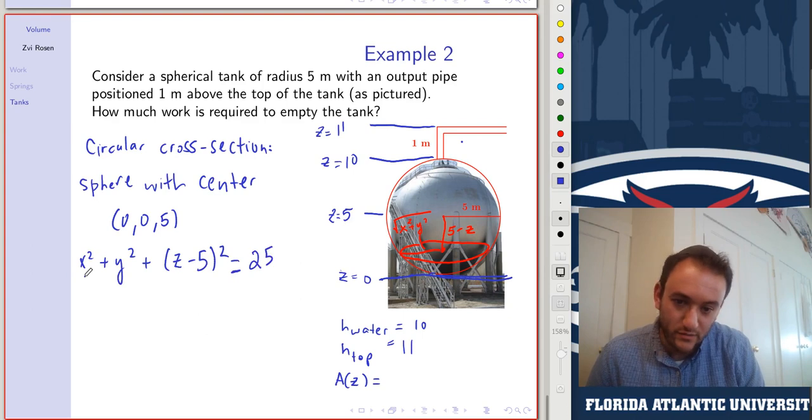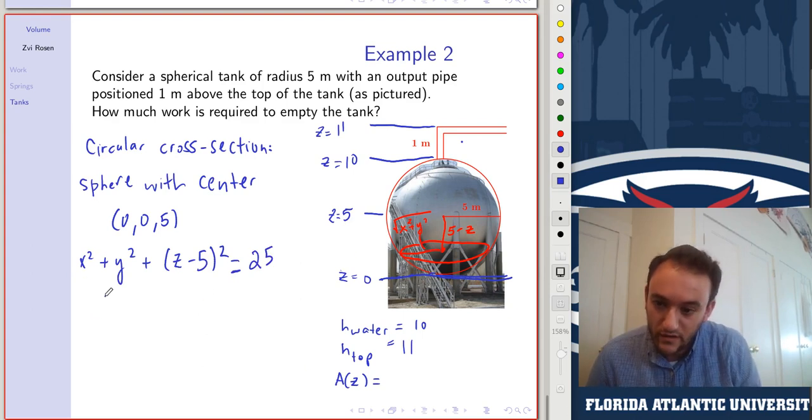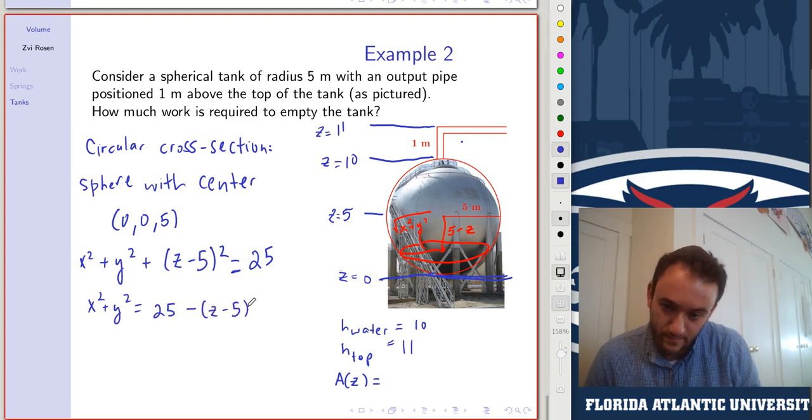If we want to solve for this radius, which is the square root of x squared plus y squared, we'll subtract the z term to the other side. So we get x squared plus y squared equals 25 minus (z minus 5) squared.